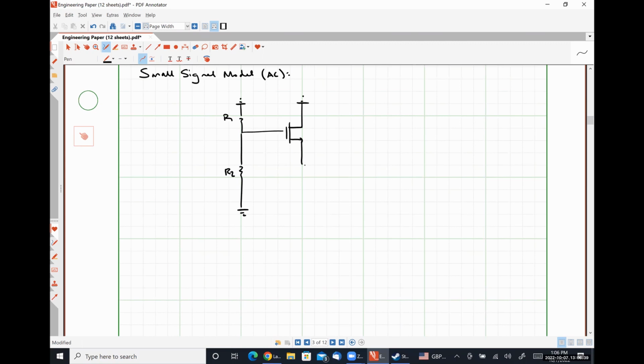Here's R2. This open circuit that I'm drawing connected to the source represents where the ideal current source was, because to turn off an ideal current source, we replace it with an open circuit. Our coupling capacitor is going to look like a short circuit because we're assuming that we're at a frequency high enough to make that impedance look effectively like zero.